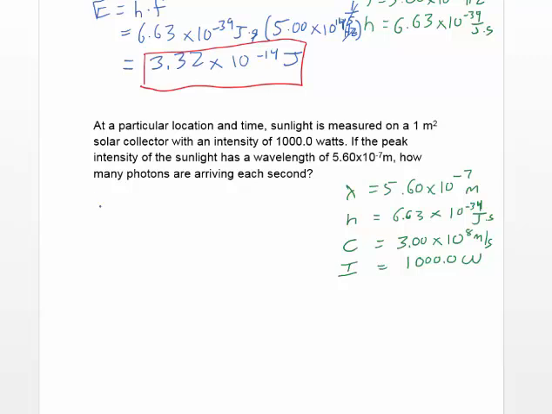So what do we need to do first? We know the wavelength. First we need to find the frequency, because we're going to need to find the energy of these particles. We want to know how many photons we have to find. So let's find the frequency.